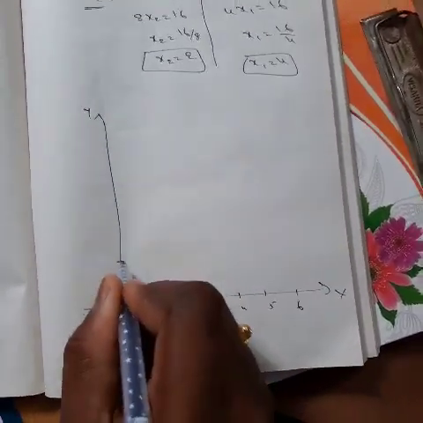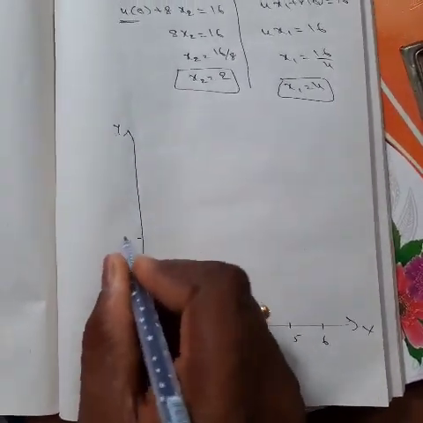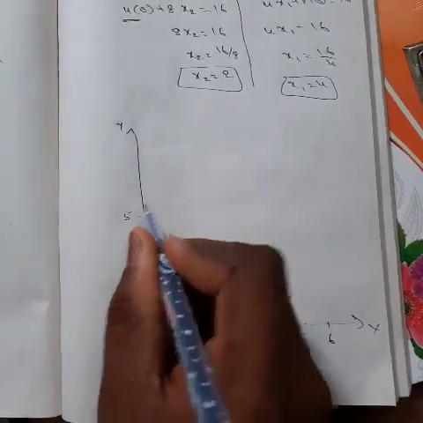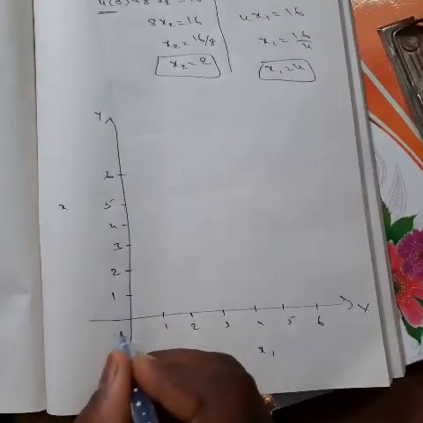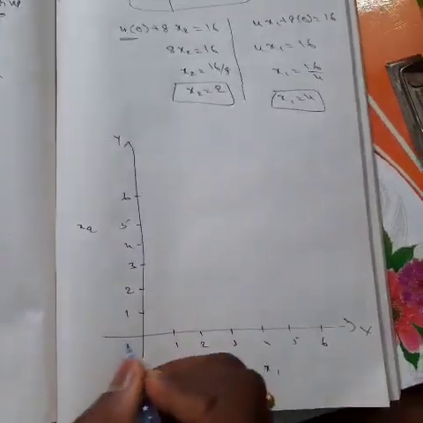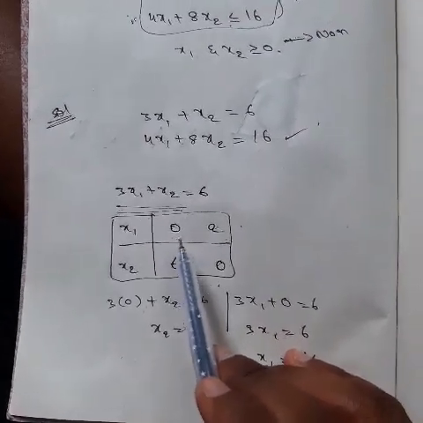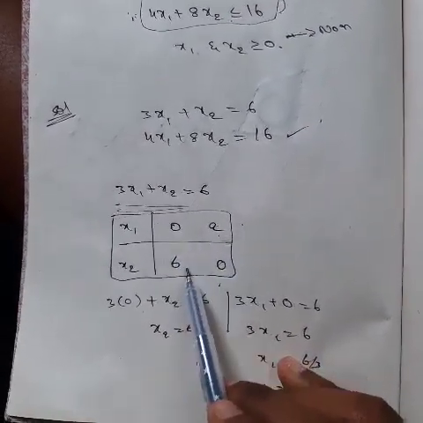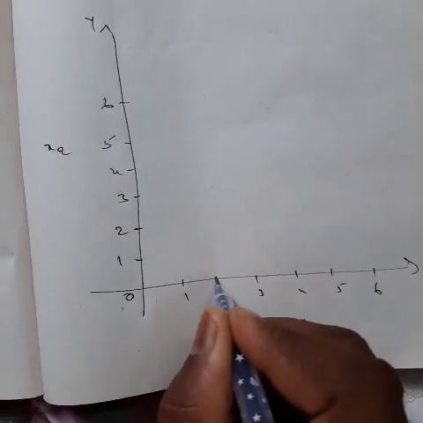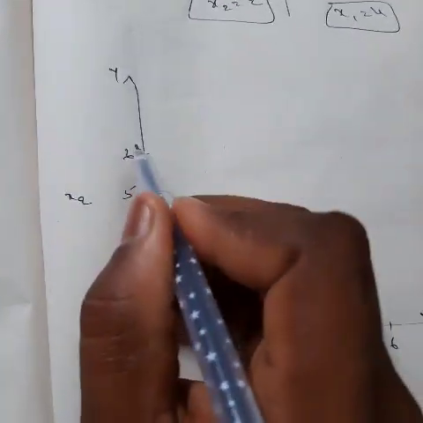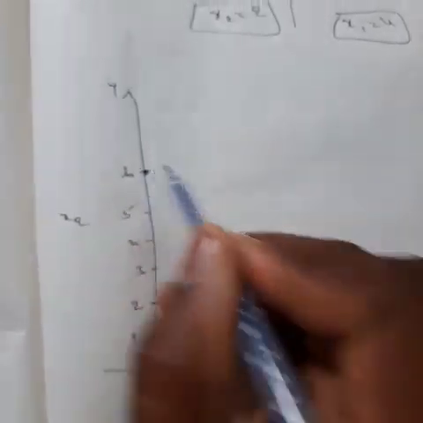Similarly 1, 2, 3, 4, 5, 6. And this is x1 and this is x2. This is 0. So what is the value of the first equation? x1 value is 2 and x2 value is 6. Join these two coordinates like this.